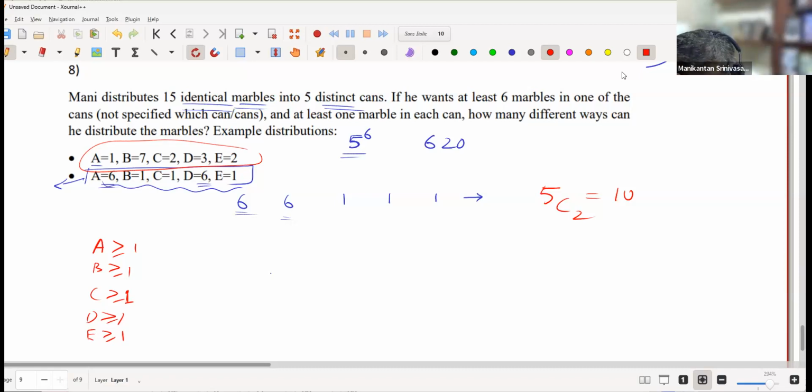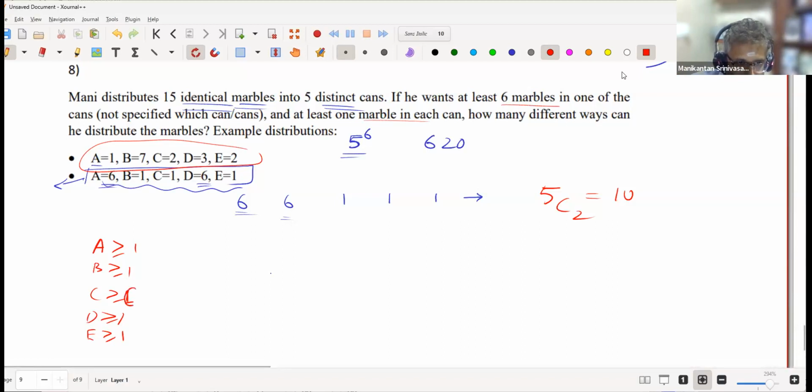One can which has 6 or more. What does it say? He wants at least 6 marbles in one of them, or at least 1 marble in each can. Okay, so one of the cases has 6, right?